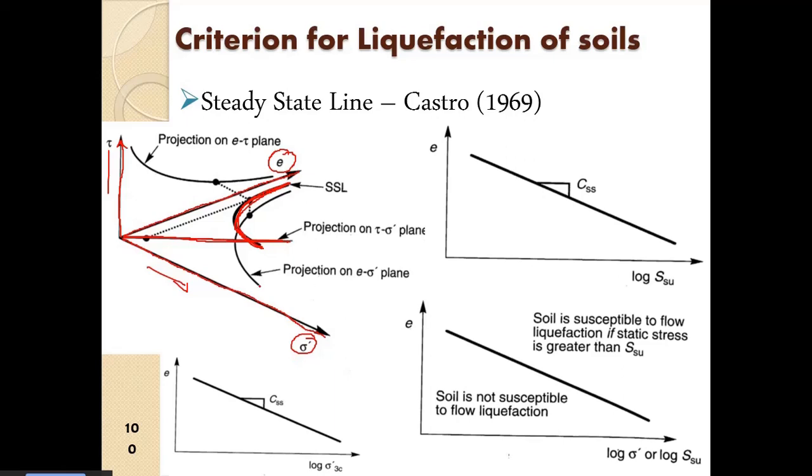And this is a projection of E and confining stress. So this is the projection of the steady state line on the E versus confinement axis. Similarly, we have the E versus shear stress plot. All of these three parameters were combined into a single line in 3 dimensions, the steady state line.